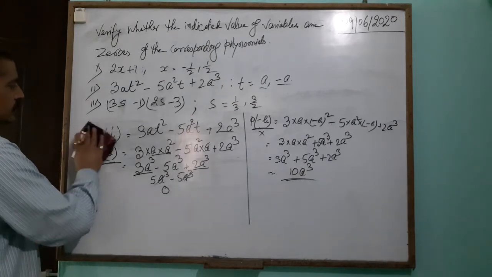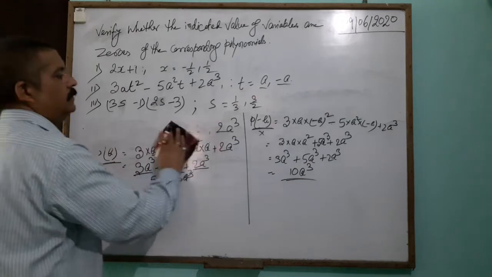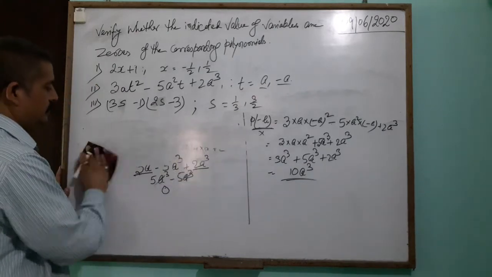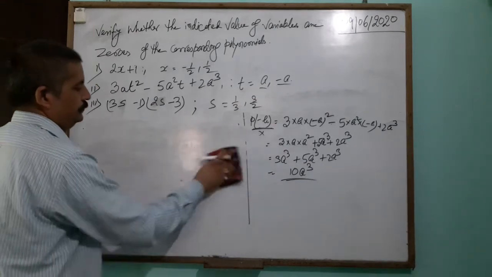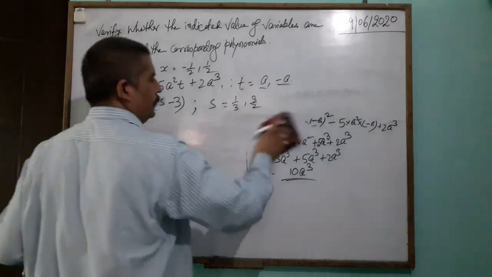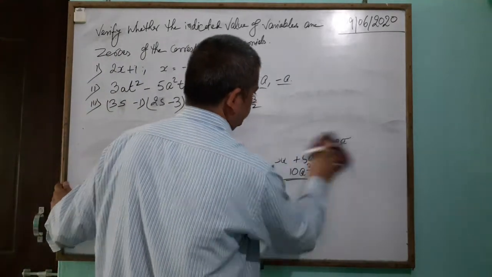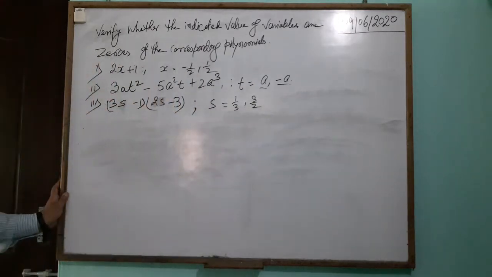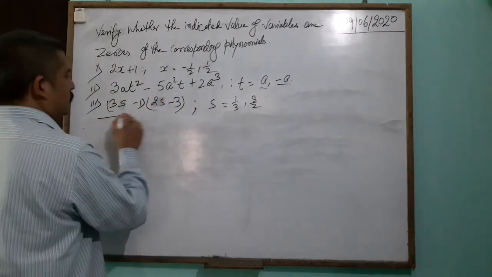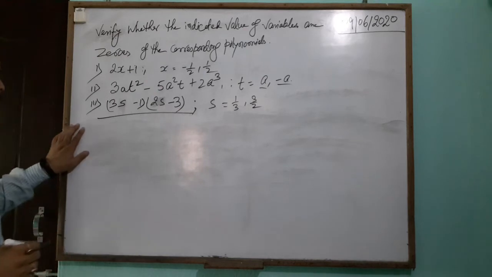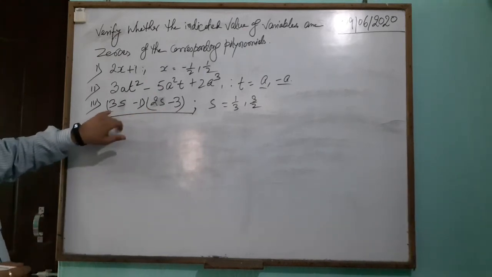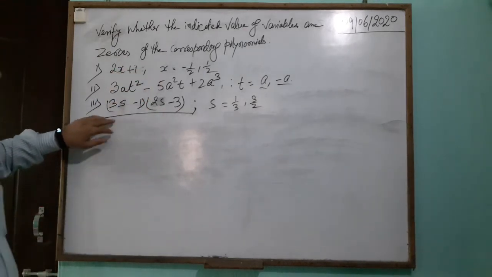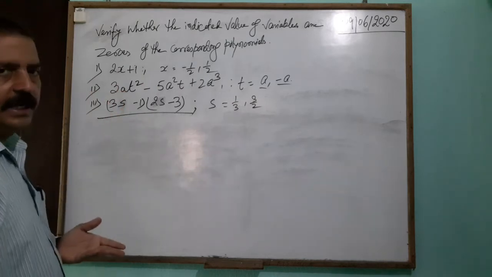Third, here there is no identity, because in the last questions we discussed the ones based on the identity.